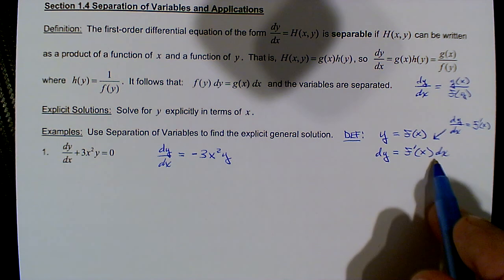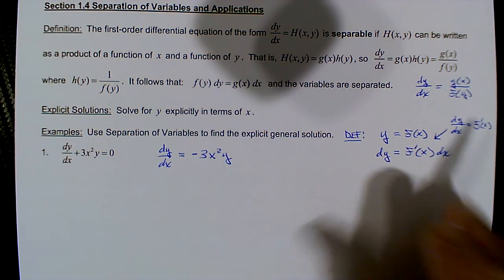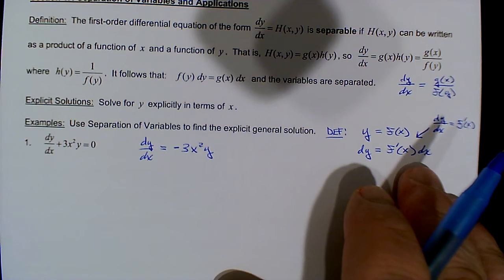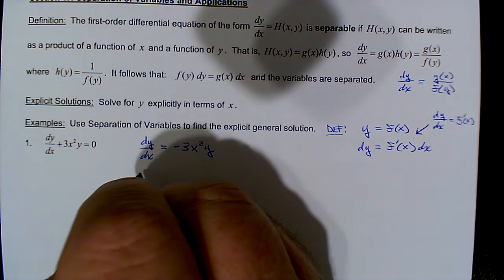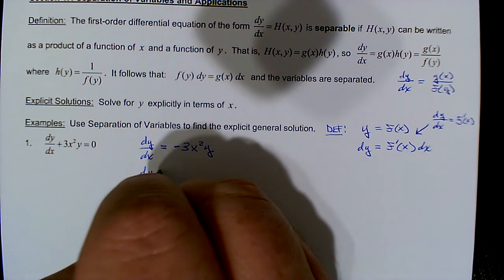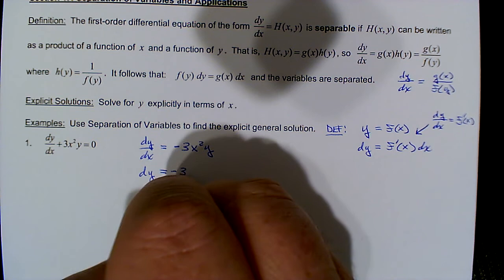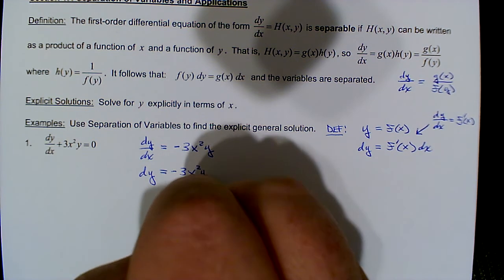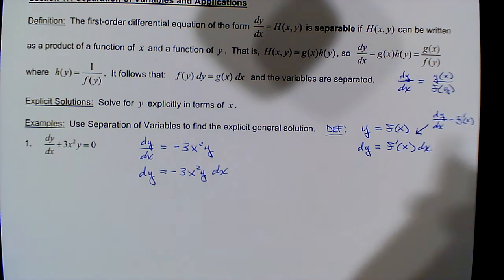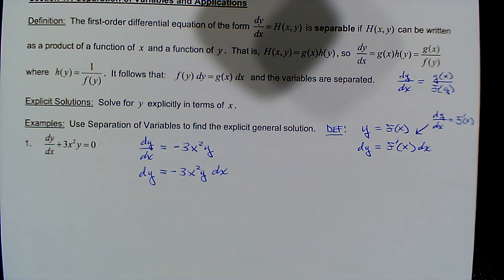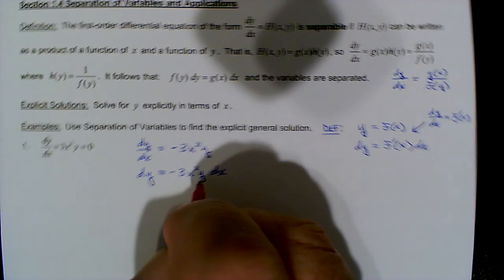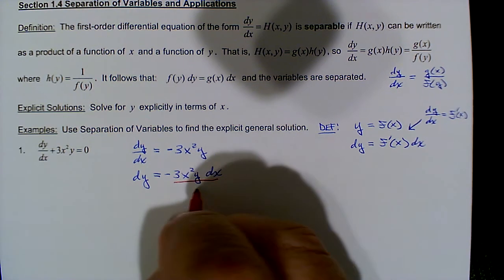So understand that it's a definition of differential form where we can write now that dy is negative 3x squared y times the differential dx. And in order to gather the y's with the dy's and the x's with the dx's, here algebraically we could divide by y, so you could show that explicitly as I've done, or just mentally.